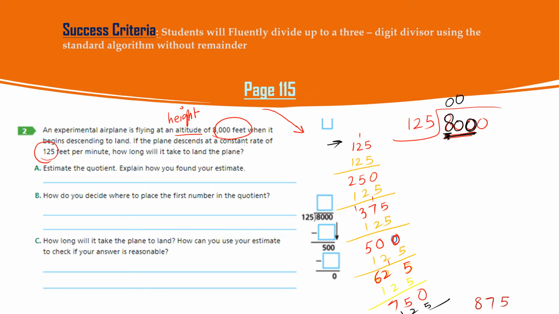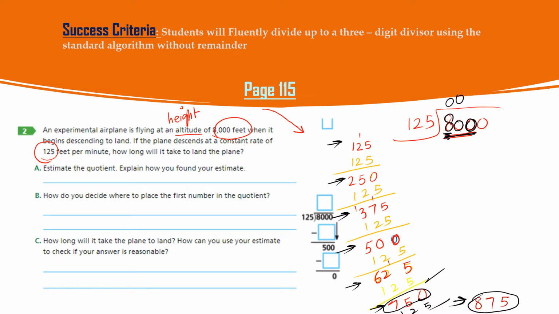Look, these are the numbers: 125, 250, 375, 500, 625, 750, 875. Okay. Now, does this go in the table of 125? Let's see. I have 750 that goes in the table of 125, which is smaller than 800, and 875 goes in the table of 8, 125, but it is bigger.